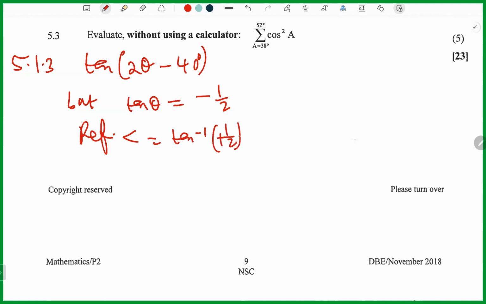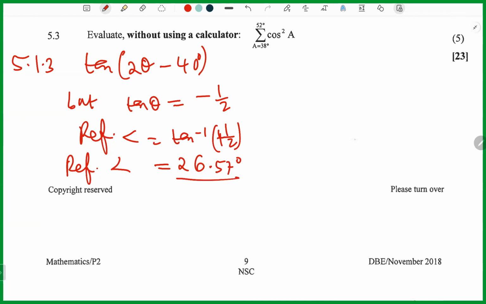So the answer to this is arctan 1/2 is 26.57 degrees if you use a calculator. Okay, that is the reference angle.